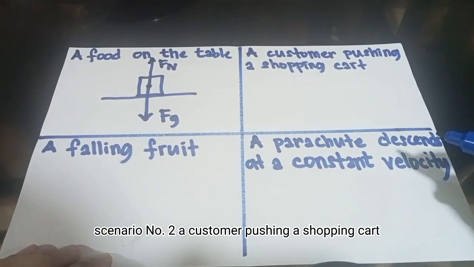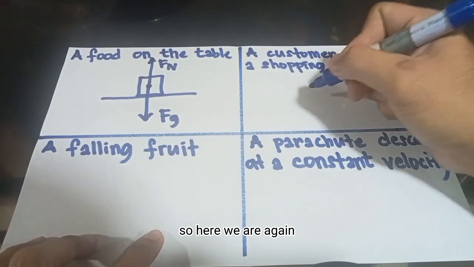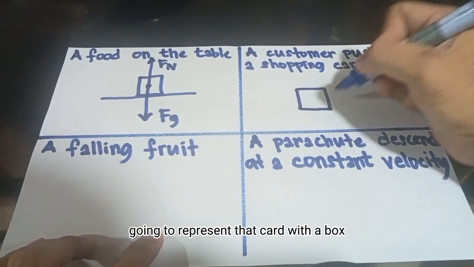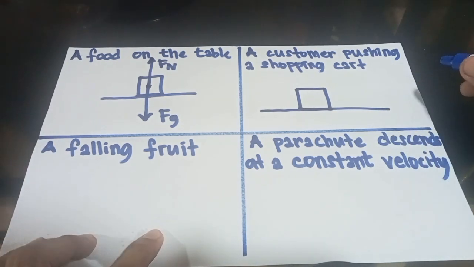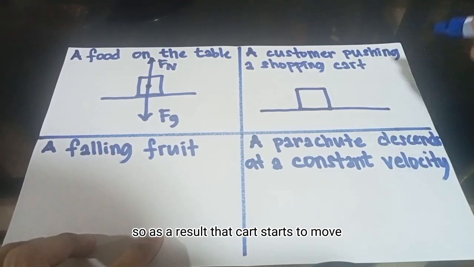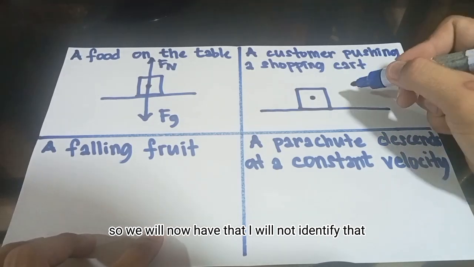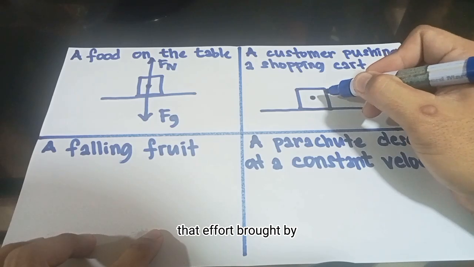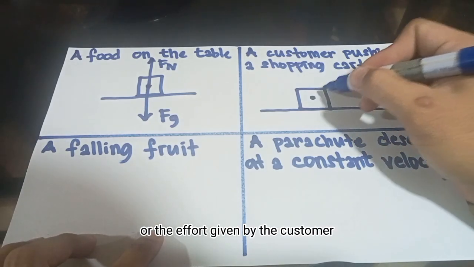Scenario number 2, a customer pushing a shopping cart. So here we are again going to represent that cart with a box, and you have the surface. So the customer is pushing the cart. As a result, that cart starts to move. So we will now identify the effort given by the customer.